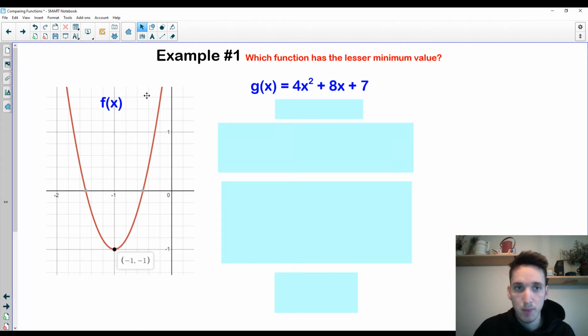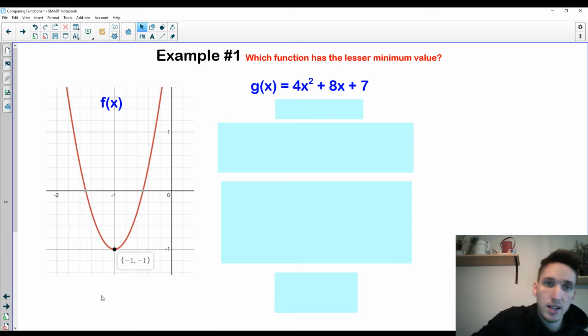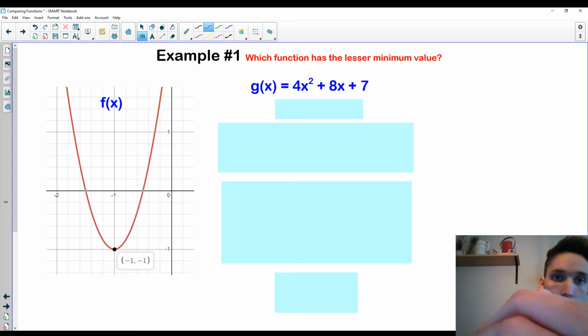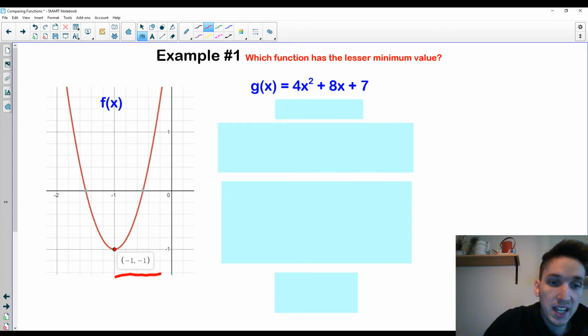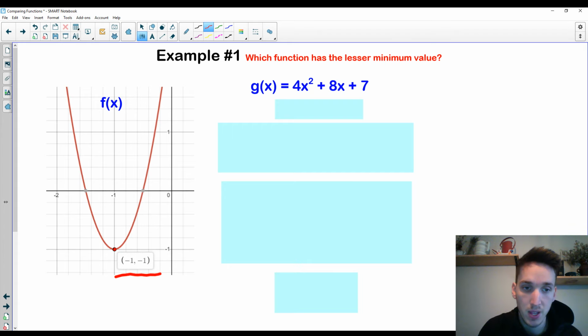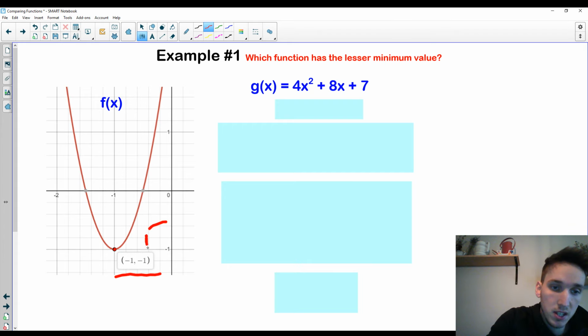Obviously, the easier of the two to see the minimum is the graph. We can see this minimum right down here, at -1. That means the minimum value is that -1 y value.